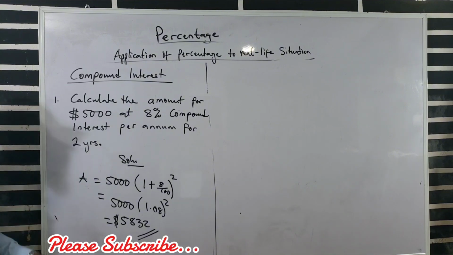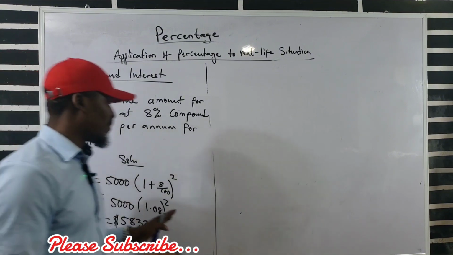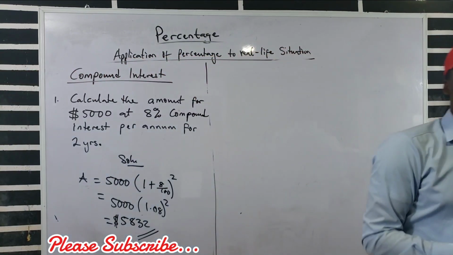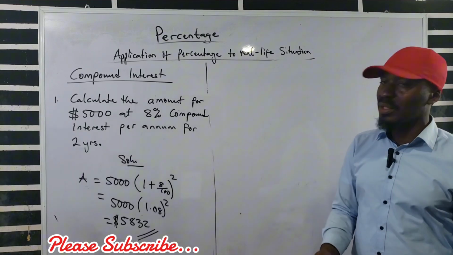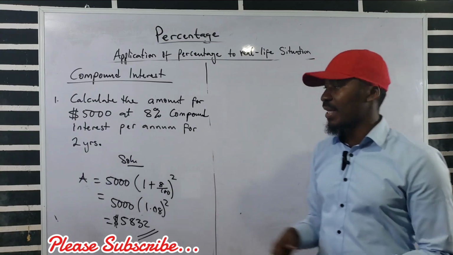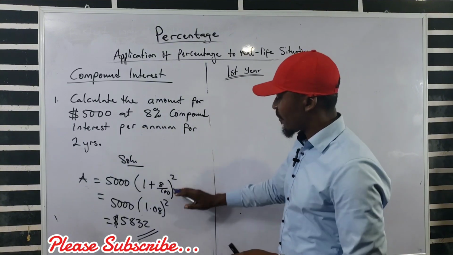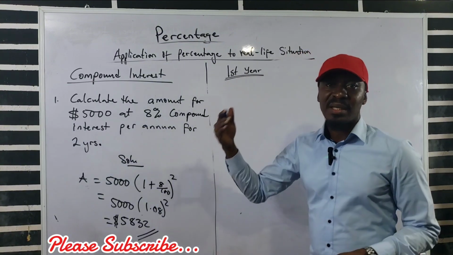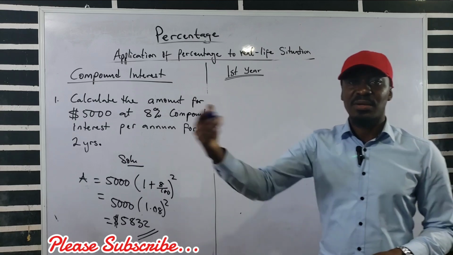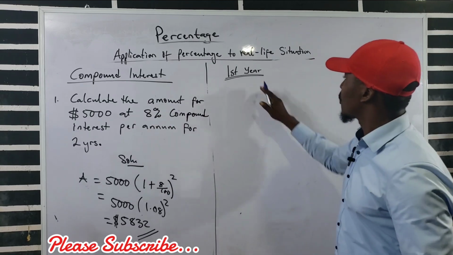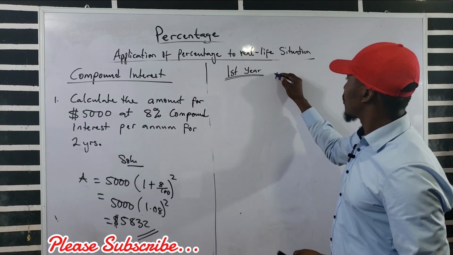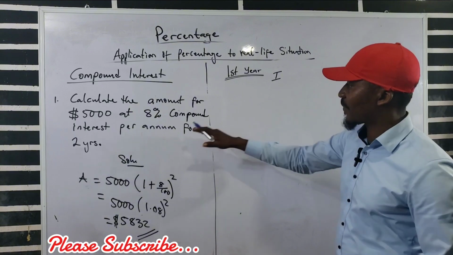Now let us solve this without the formula and see whether it's difficult or easier. If you are solving without the formula, you have to indicate the year, first year, second year, like that. So first year, what is going to be our interest after the first year?